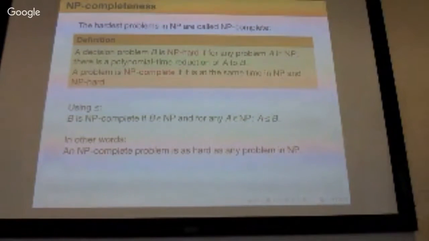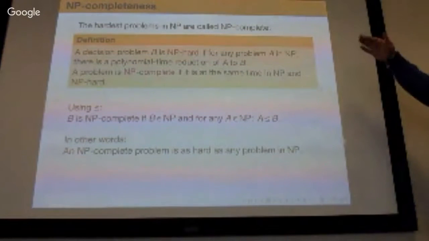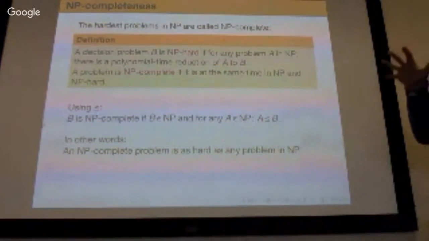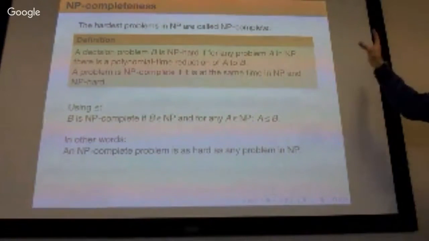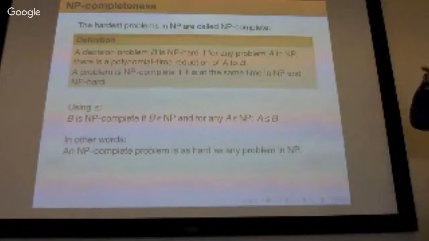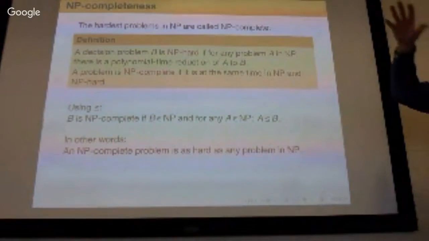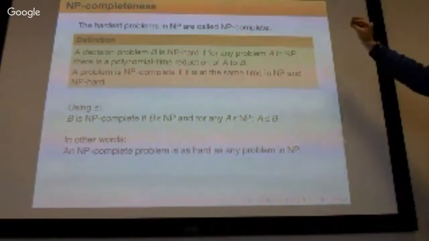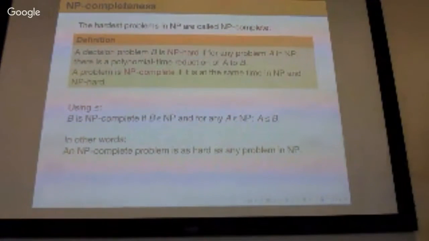That motivates the definition that a problem is called NP-hard if any problem in the class NP has a reduction to it. So these are the hardest problems. Everything that is in NP is already either as hard as my problem or easier.